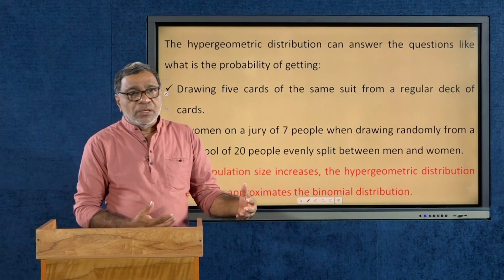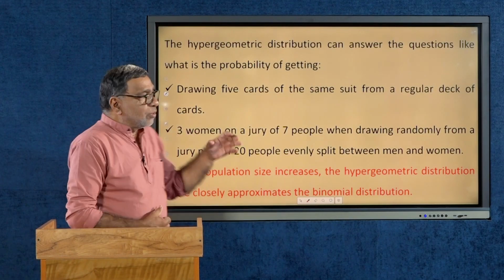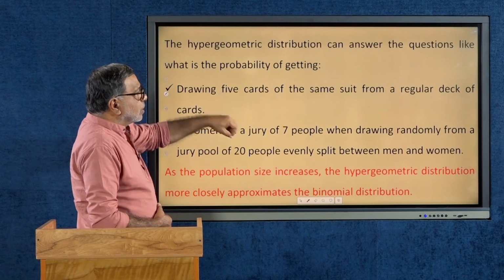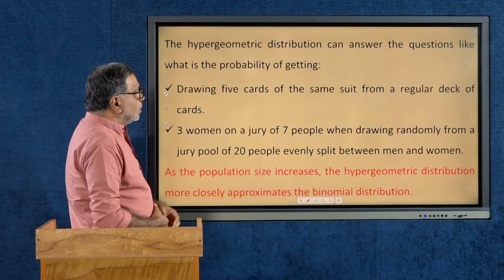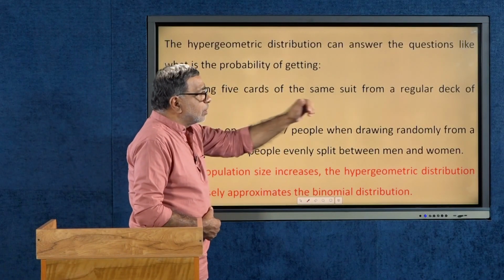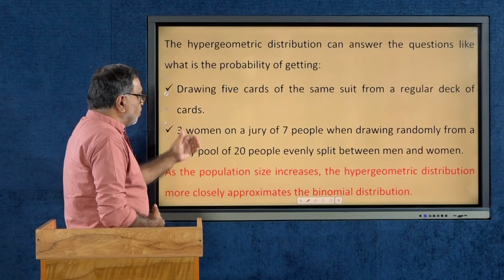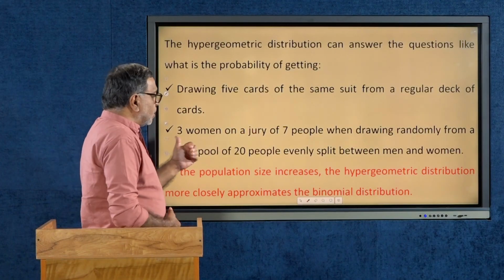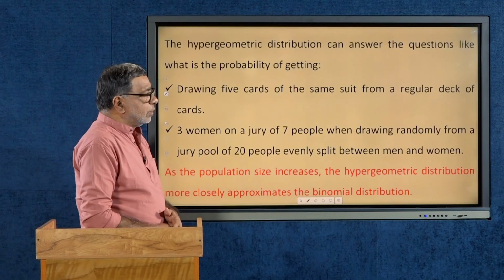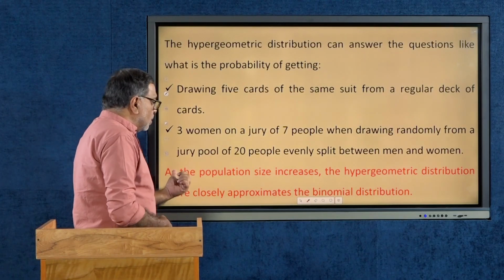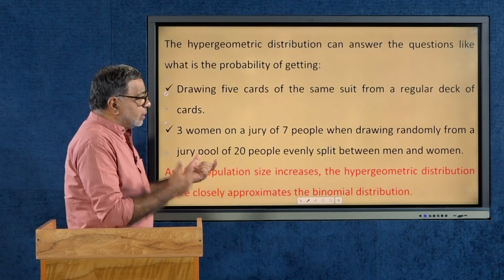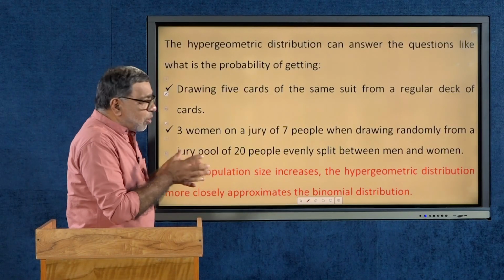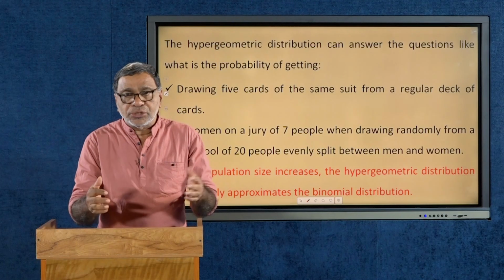So we are addressing problems like the probability of getting 5 cards of the same suit from a regular deck, or having 3 women on a jury of 7 people drawn from a pool of 20. And when the population size increases, the hypergeometric distribution more closely approximates the binomial distribution.